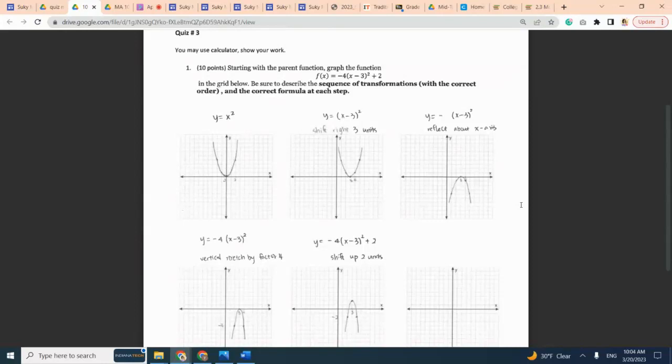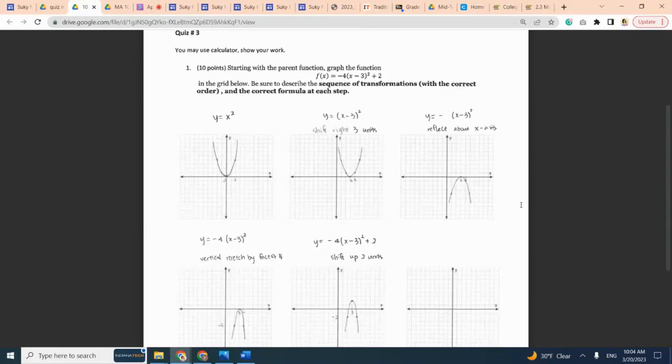And then do we have a minus sign in front of x? We don't have it in front of x. The minus sign is in front of everything. If the minus sign is just in front of the x, then this is reflection over the y-axis. But if the negative sign is in front of everything, then this is reflection over the x-axis.